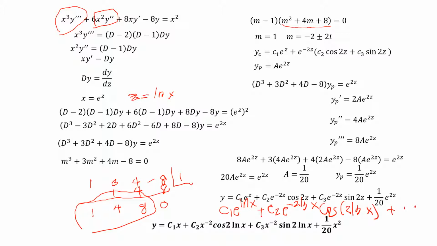Notice that e to the ln of x, that is c1 x, that e to the negative 2 ln of x, that's the same as x to the negative 2, and then cosine 2 ln of x, and then that is c3 e to the negative 2c. Now this c3 e to the negative 2c, that is e to the negative 2 ln of x, that is equal to x to the negative 2. That's why this is x to the negative 2 sine 2 ln of x, plus 1 over 20 x squared. This is now our general solution.